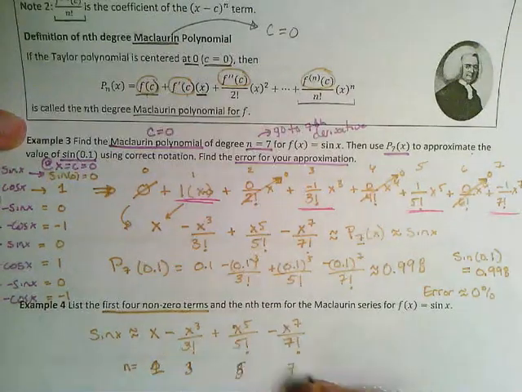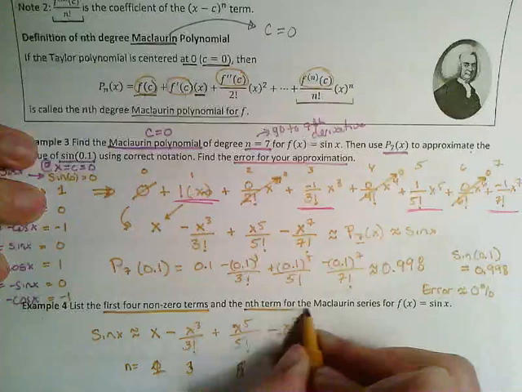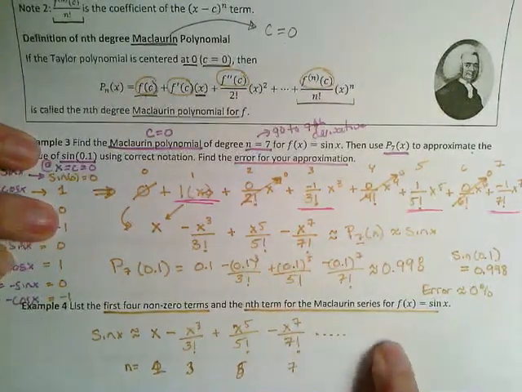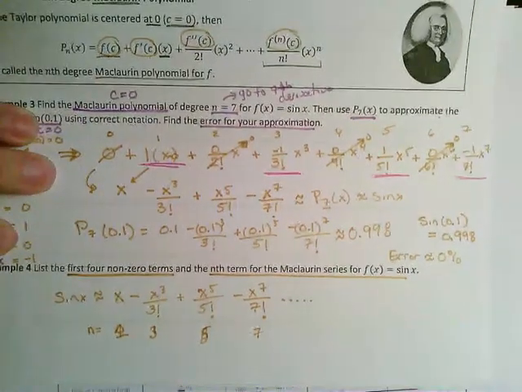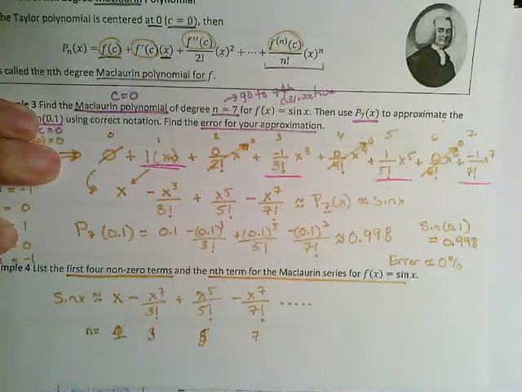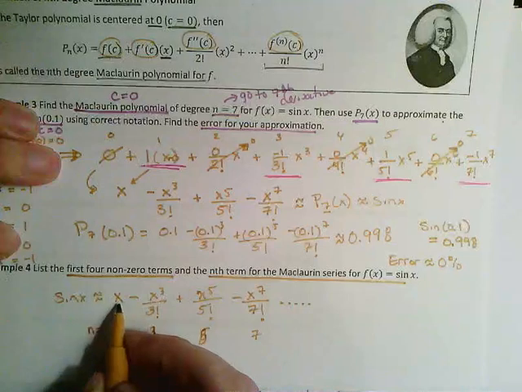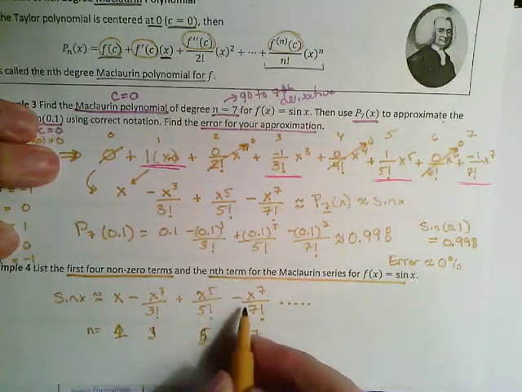Okay. So next up, we want to find the nth term for this Maclaurin series. So if this kept on going on forever and ever, what would be our nth term? So we have to look for a pattern here. You notice that first of all, one's positive, one's negative, one's positive, one's negative.